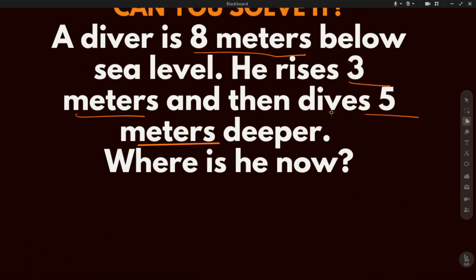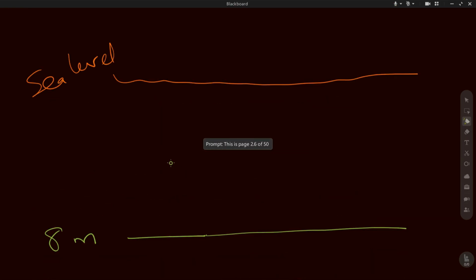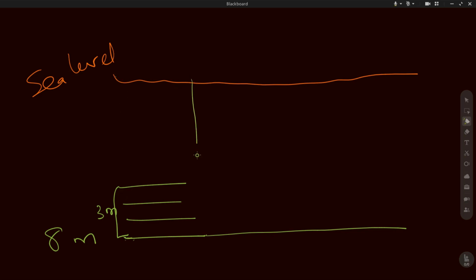Let's see. He rises 3 meters. Let's take that first. Now, from this 8 meters, he rises 3 meters. Let's say 1, 2, 3. So he rises from this place to this place is 3 meters, and a total from up to this place is 8.